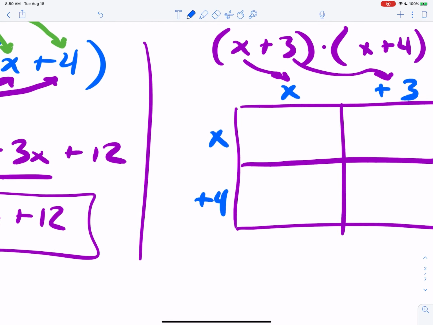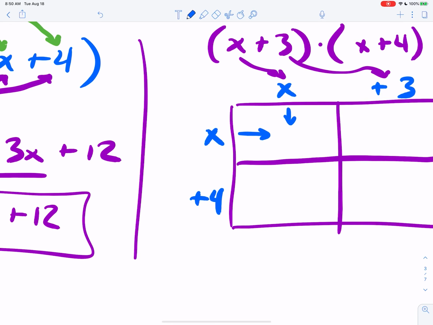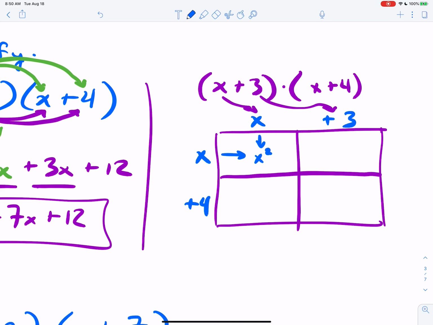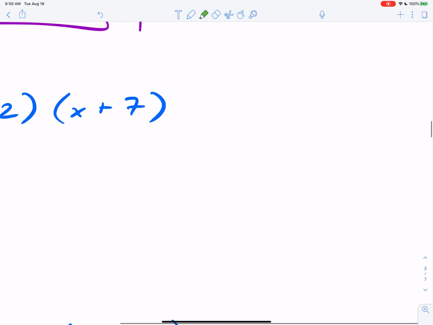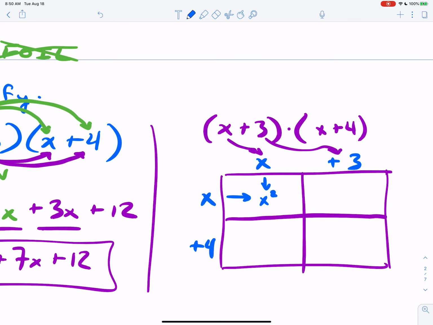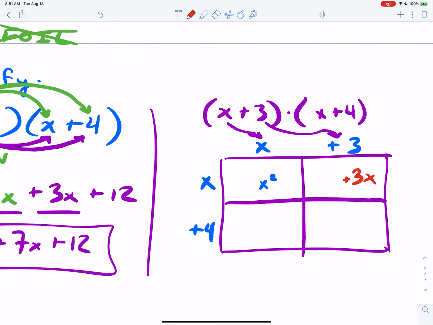So in this square, you're multiplying x times x, which is x squared. Actually, let me draw some arrows. Over here, you're multiplying x times the 3, which is 3x. I'll put a positive 3x there. I'll get rid of the arrows. Now here, you're multiplying x times the positive 4. That's a positive 4x.